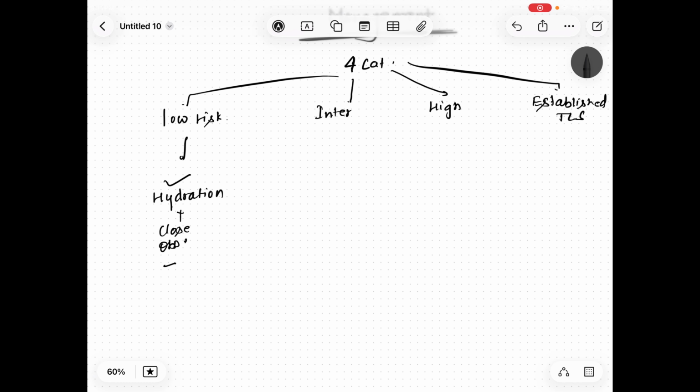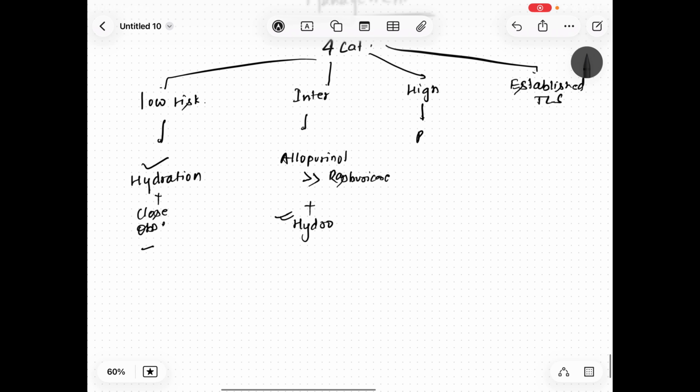In intermediate risk, allopurinol is more preferred than rasburicase, with hydration. In case of high risk, rasburicase is more preferred, and in case of established TLS, rasburicase is more preferred.